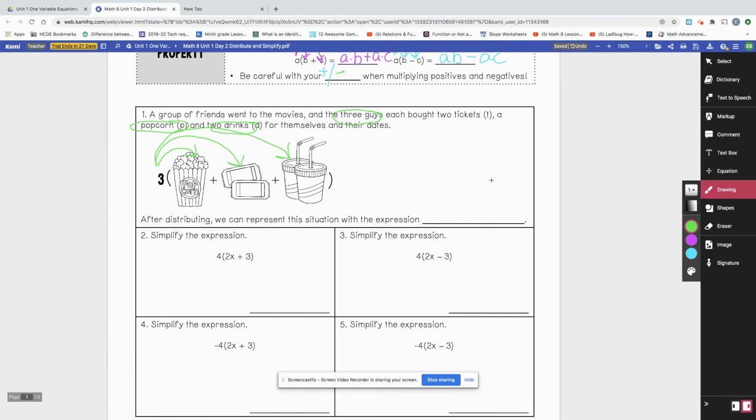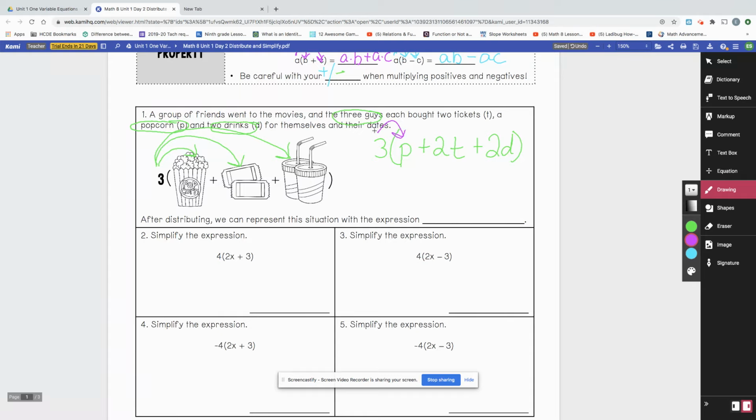So it could look something like this: 3 times 1 popcorn plus 2 times T for tickets plus 2 times D for drinks.